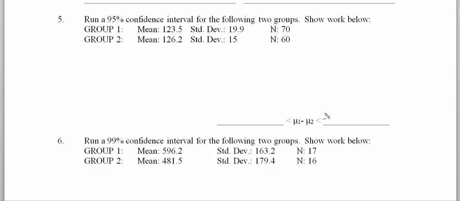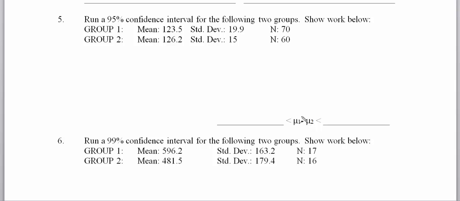We're going to check to see if both of these numbers are positive, both are negative, or one's positive and one's negative. If we have two negative numbers or two positive numbers, then there's no way that subtracting these two averages could be 0. If that's the case, then we would reject the null hypothesis.